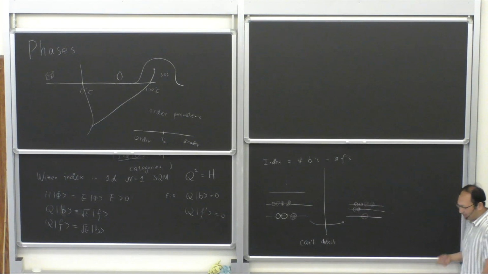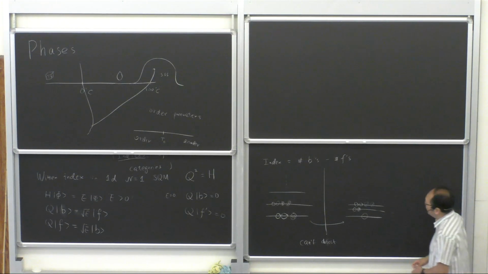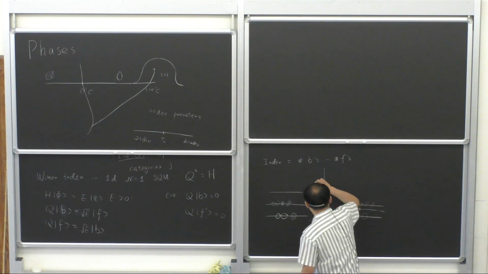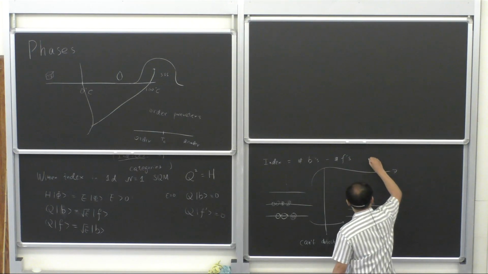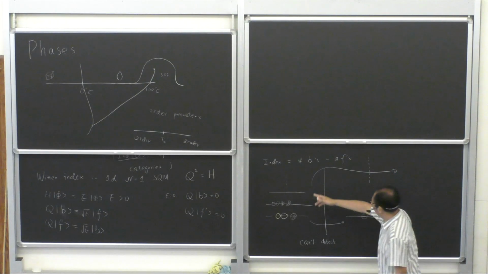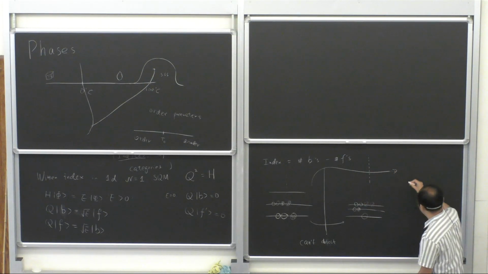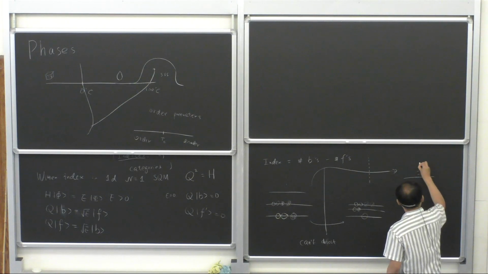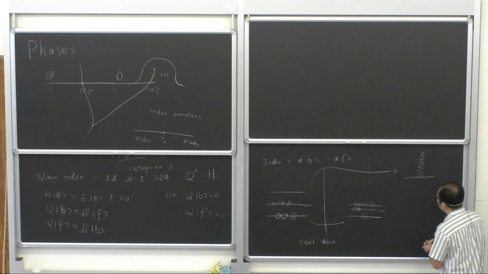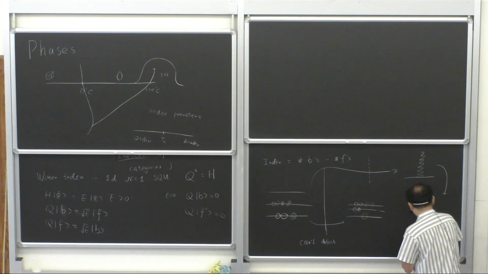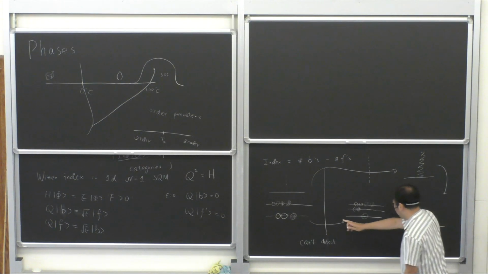But this index is useful in detecting another kind of phase transition, where something more drastic happens. So let me maybe draw another. There's some other discontinuity, crossing which I now have a continuous spectrum. And then I can have another system with a different index.